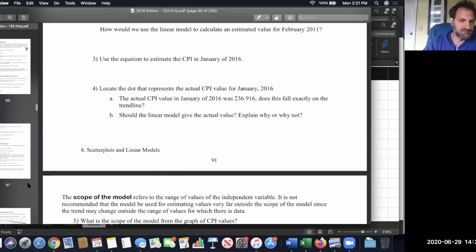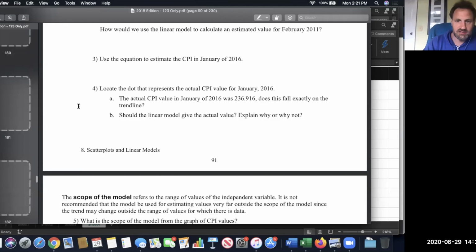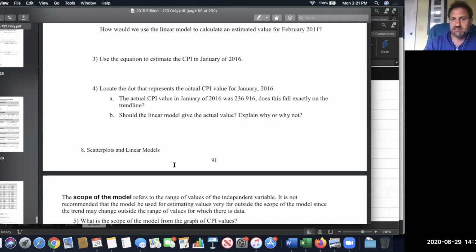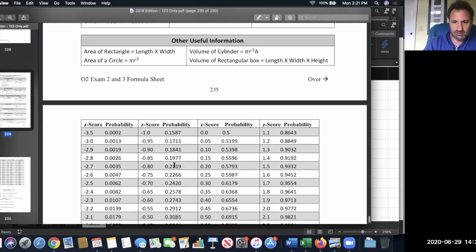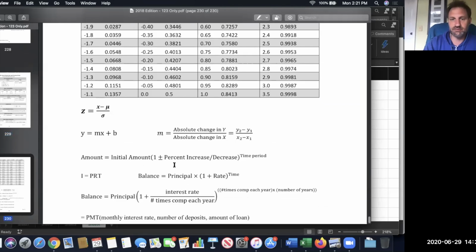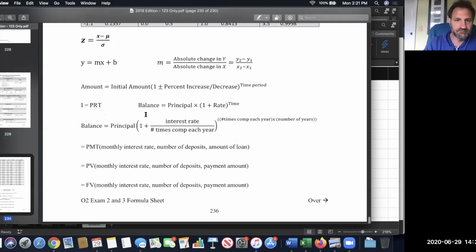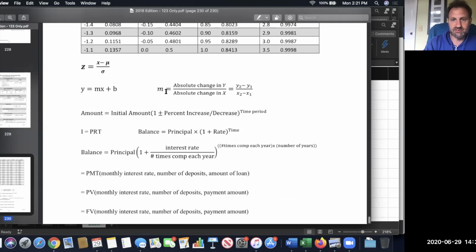Let me scroll to it quick. Here we go. This one is page 236. I don't know if that's similar to where yours is. The thing I'm wanting to point your eyes towards is this. This is provided to you. You can use the formula sheet on any quiz or test.